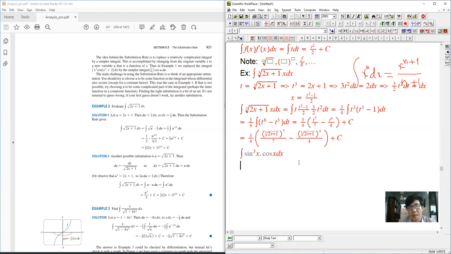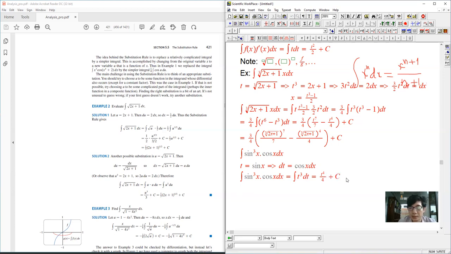We can see that the derivative of sine equals cosine, so we set t equal to sine, and taking the derivative we get dt equal cosine s ds. We rewrite this as the integration of t cubed dt, and we get t to the fourth over 4 plus c.